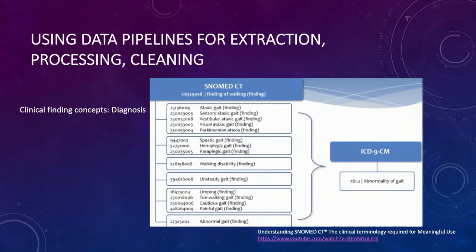So let's hone in on the clinical finding concepts for a moment. And in the clinical finding concepts domain, there's a diagnosis. And so prior to 2015, we were all using ICD-9. And if somebody had ataxia, they'd get coded as a 781 abnormality of gait, and that's the best you could do. But your patient may be coming from neurology clinic and have Parkinsonian ataxia, and SNOMED can better communicate that information across health systems.